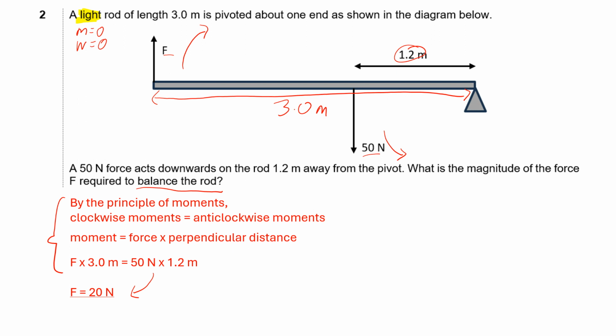These statements justify how you are able to come to this equation over here. Without the principle of moments, clockwise equals anti-clockwise, and the formula for the moments, what you get here is just an equation with no explanation. In fact, if we are going to be very strict about things, you wouldn't get any marks because this doesn't necessarily demonstrate the understanding.